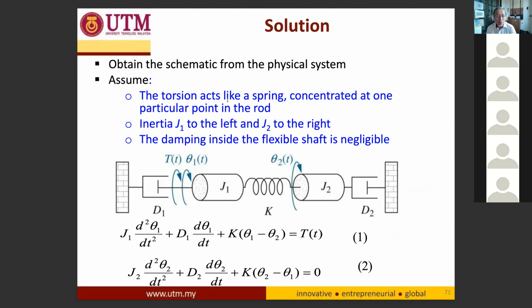Okay, inertia J1 to the left and J2 to the right, as shown here. The damping inside the flexible shaft is negligible and can be assumed as 0. So the torsion acts like a spring here, concentrated at one particular point in the rod.